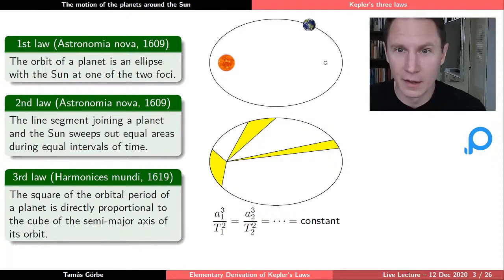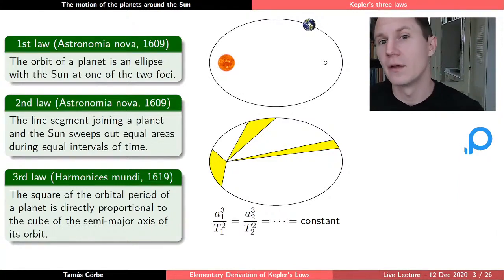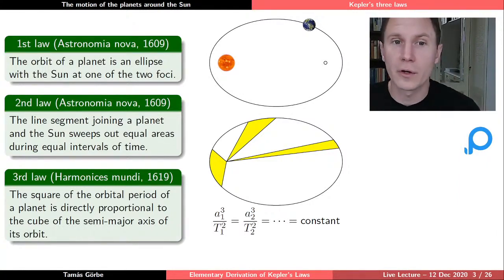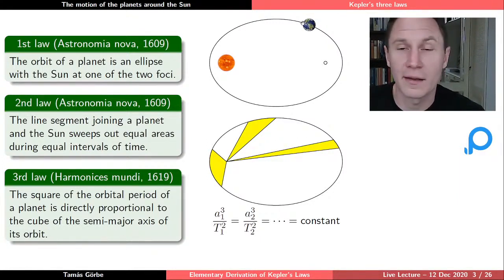So the first law tells you that the orbit of a planet is an ellipse. It's not a circle as ancient Greeks imagined and people up until Kepler imagined them to be. They always wanted to use circles and circles going along circles. People were very keen on the idea that circles have to be used when you are drawing the planetary orbits.